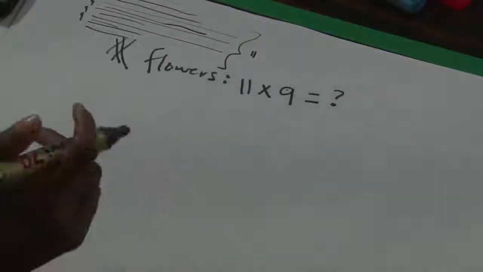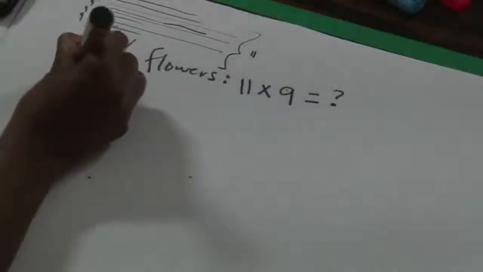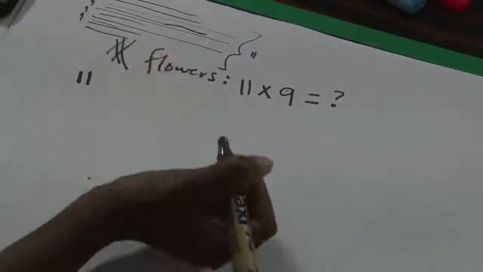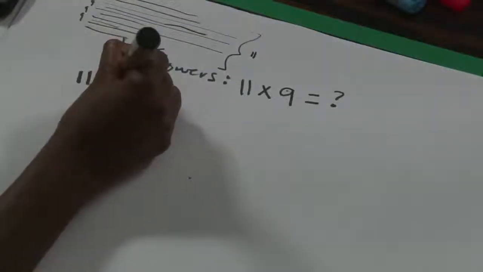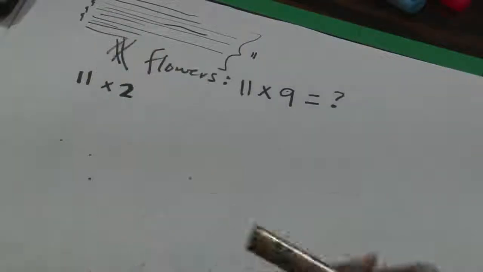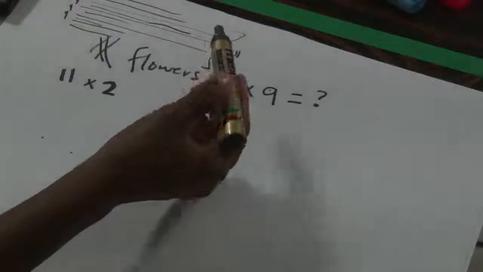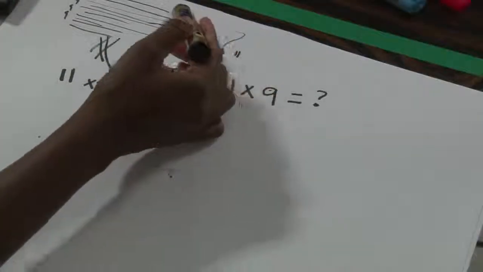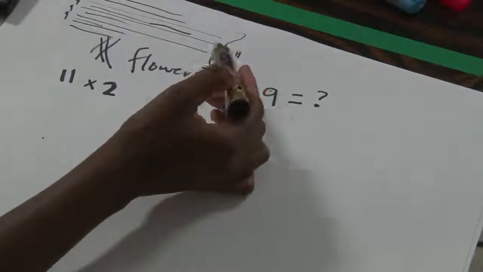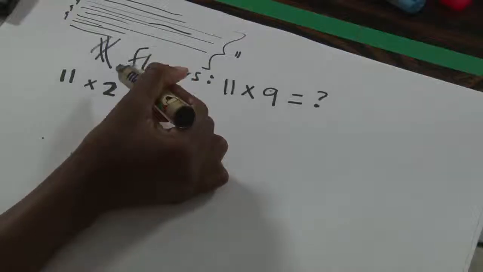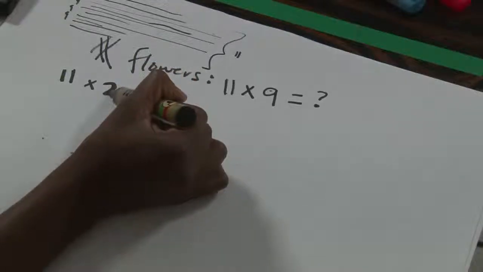So how many flowers died? We had 11 rows, and on each row I take out 2. If you want to know how many flowers died, it's like you lost 2 from each row. So if 2 died on each row and you had 11 rows, how many altogether?